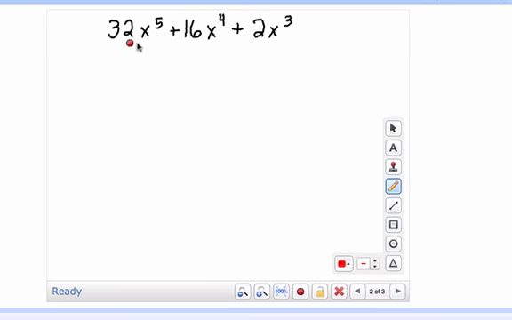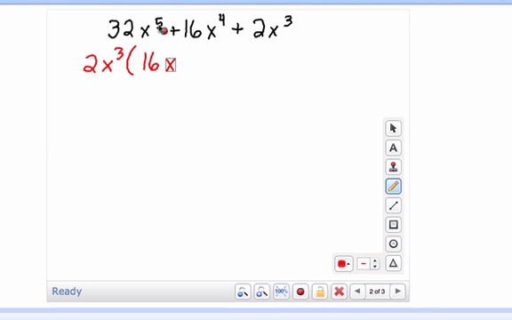Okay, so 32x to the 5th plus 16x to the 4th plus 2x to the 3rd. I can see that I can common factor out an x to the 3rd, and the biggest value I can common factor out of the 32, 16, and 2 is a 2. So again, take a 2 and an x to the third out of everything, and that is going to leave me with 16x squared.